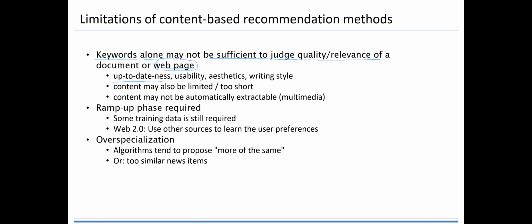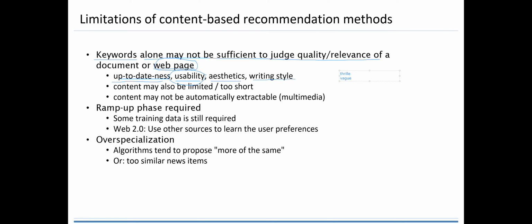The usability, the aesthetic, and the writing style. The usability means we use words which are simple, but some of the words will be complex or not easy to understand. For example, it is too rare to use the word thrill. It is too rare to use the word back.